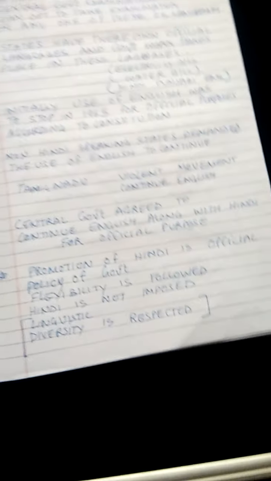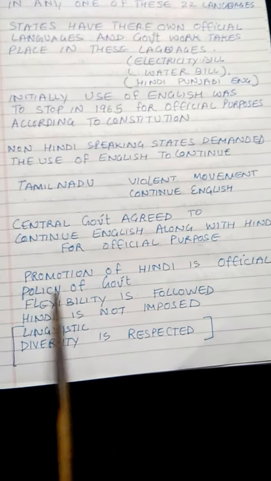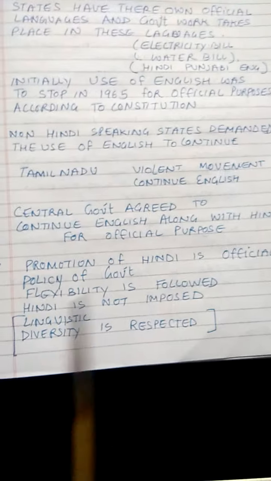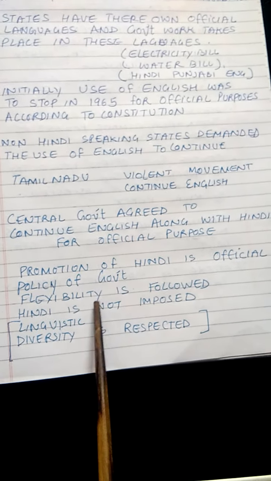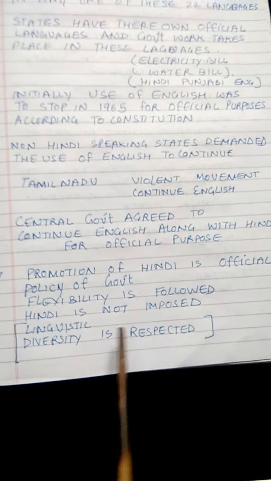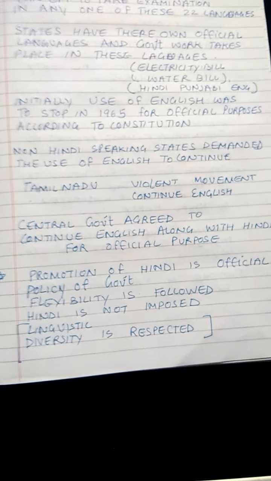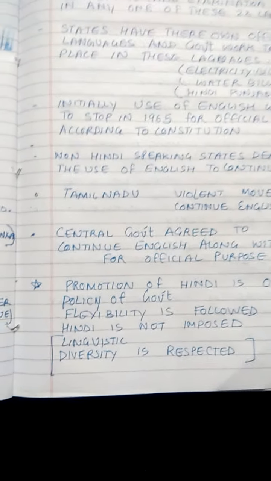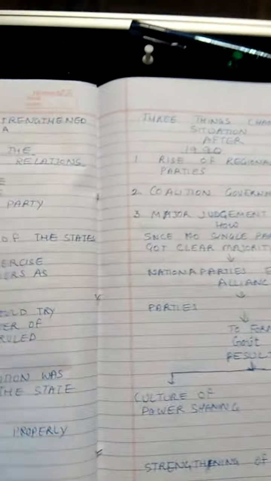The promotion of Hindi is an official policy of the government, but the government follows flexibility. Hindi is not imposed. So, linguistic diversity is respected in India. So, Indian federalism is successful.